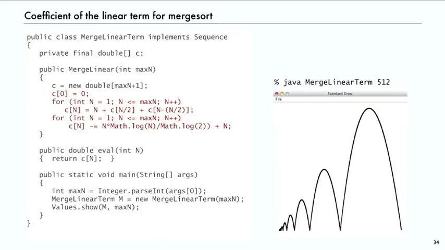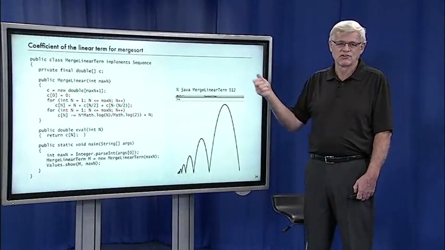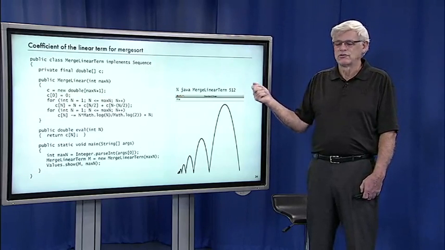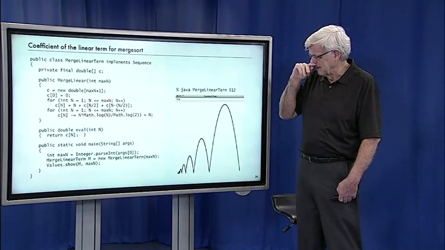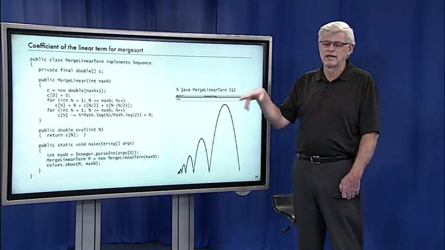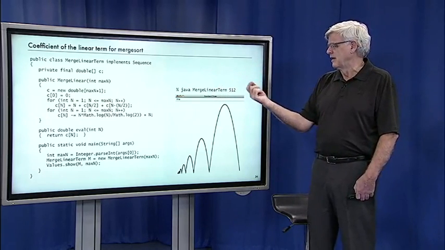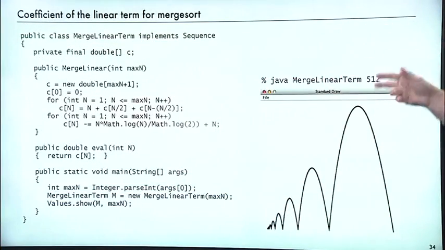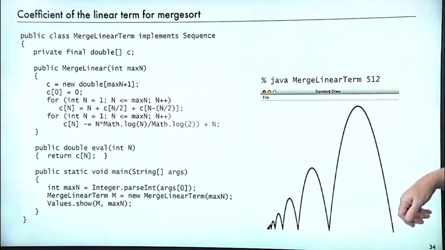And then the second for loop is just going through and scaling. It's trying to determine if there's this alpha value. So we subtract off the N log N, which is the leading term, and then it actually adds N to make the scale good. And this is the plot that you get.